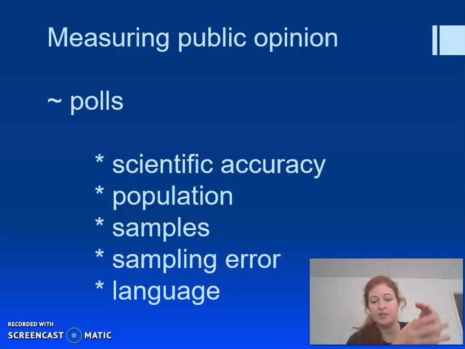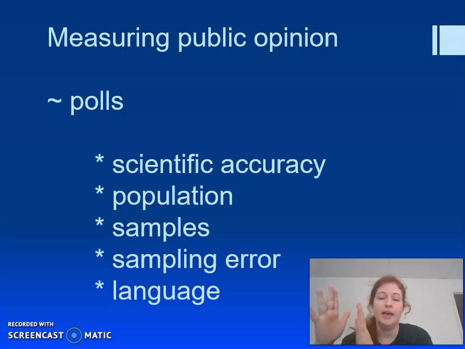Plus minus 3% means that the sampling error is somewhere off by about 3% in the measurements that they are promoting. So if a poll is a 60-40, so say 60% of people prefer candidate A, 40% of the people prefer candidate B, then the sampling error of 3 would mean that it could be anywhere between 63 and 57% of people prefer candidate A, and 37 to 43% of people prefer candidate B.